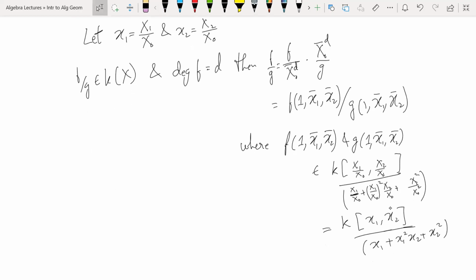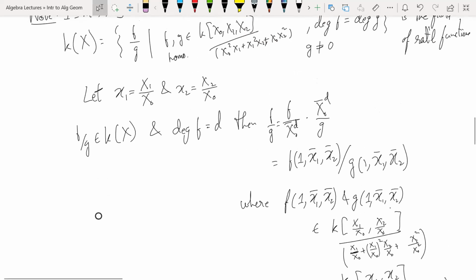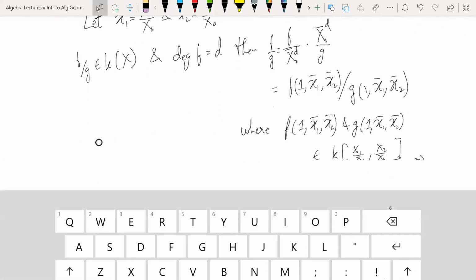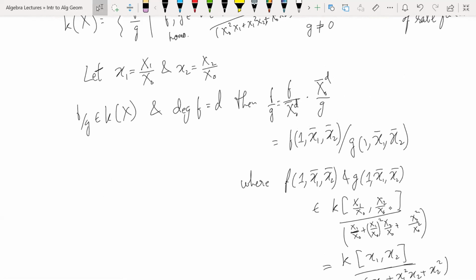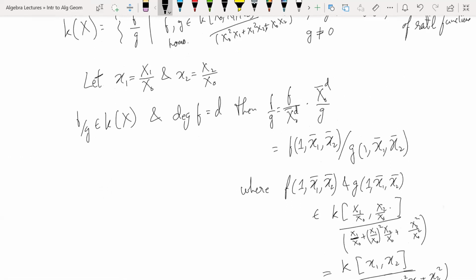So this guy is actually in k[x1 over x naught, x2 over x naught], modulo the ideal. So we are just dividing everything by x naught, and now we are writing in terms of x1 and x2. So it becomes an element of k[x1 over x naught, x2 over x naught].